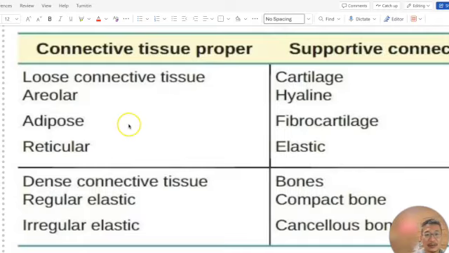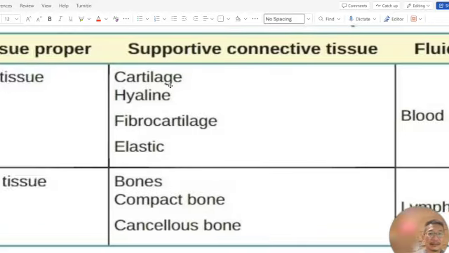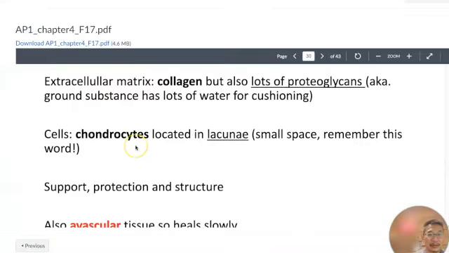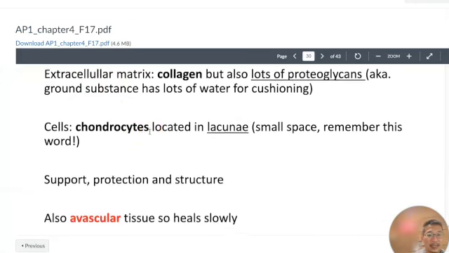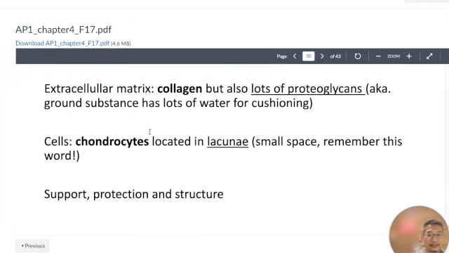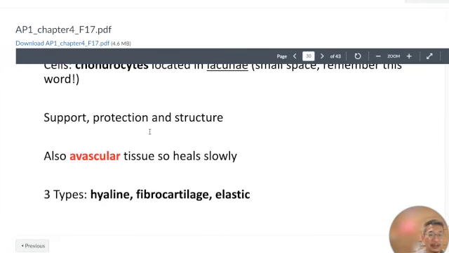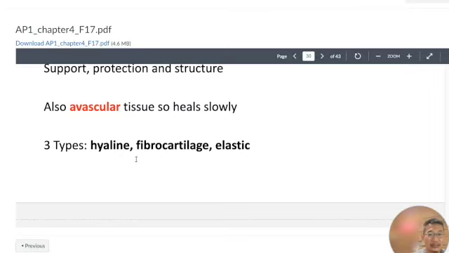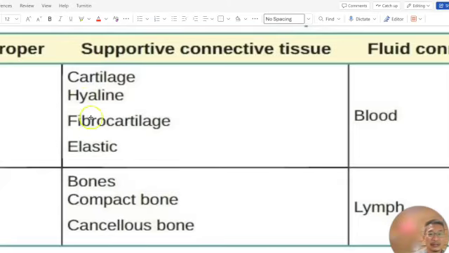Fibroblast will mature into fibrocyte. So fibrocyte is for that, and chondrocyte is for the supportive one that we're going to learn about. Also avascular. Avascular doesn't have any blood vessels, so it's very hard to heal. 3 types: hyaline, fibrocartilage, and elastic. So follow this chart, and then you can write down things about them and study them better.